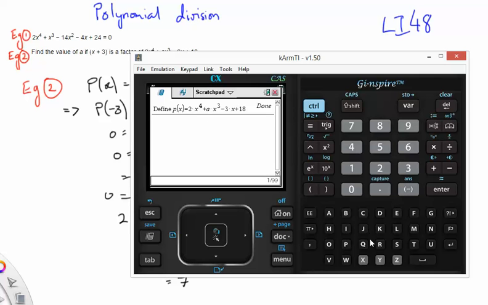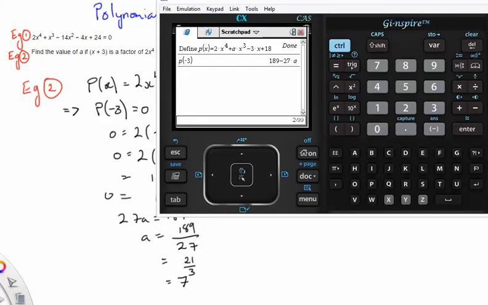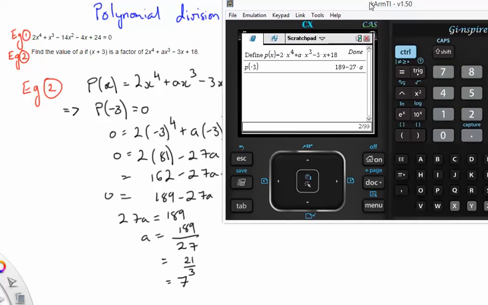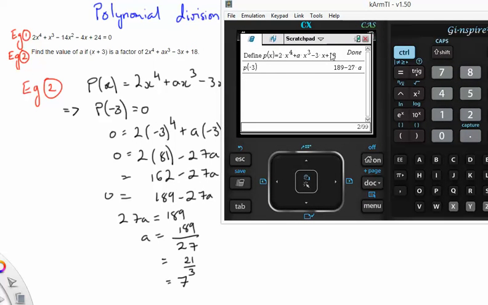Let's just try p of -3. What does that give us? Can you see that already? Your CAS has done a lot of the work for you. It's subbed in -3 there, and it's taken you to 189 minus 27a. So already you could go from that line and then solve for a that way.